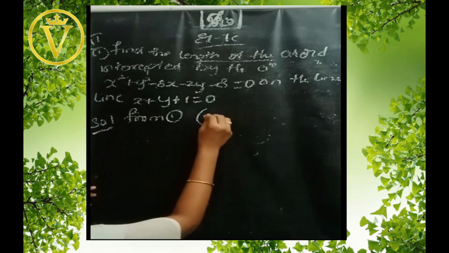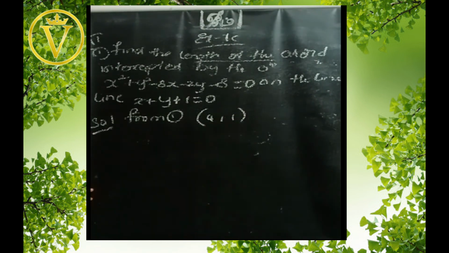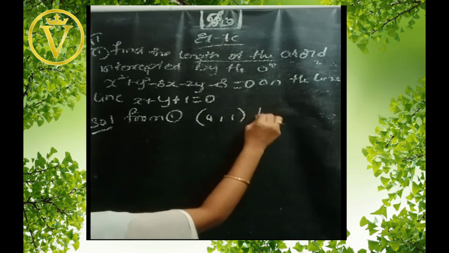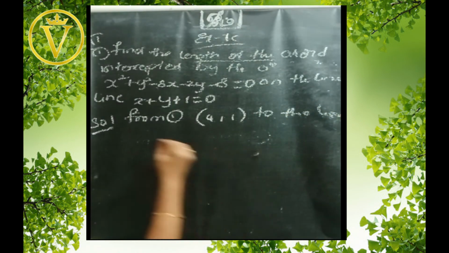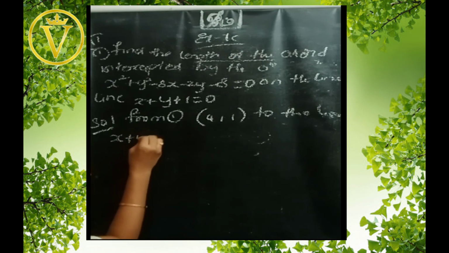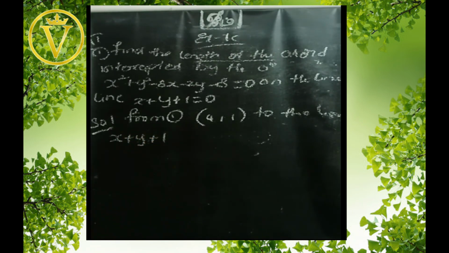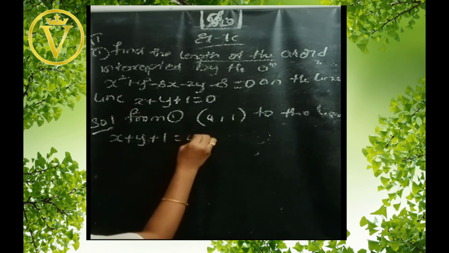We'll get here 4 comma 1. 4 comma 1 to the line. What's the line? x plus y plus 1 equals 0.